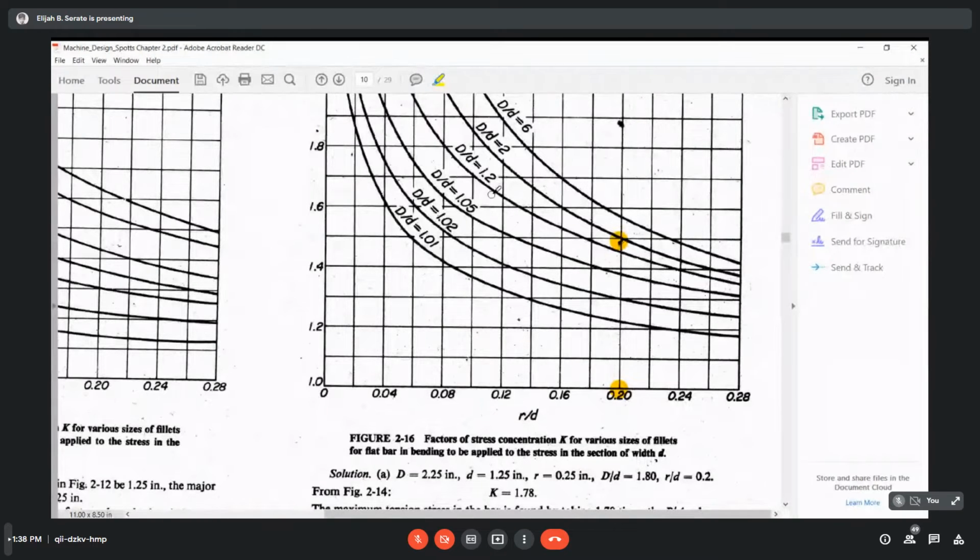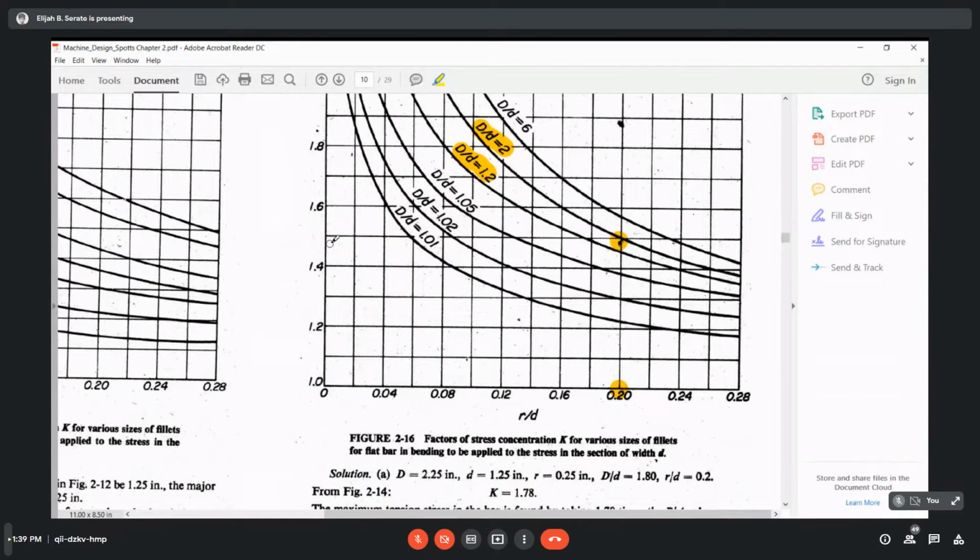Remember the plot of the curve is between D over d of 1.2 to D over d of 2. Can you see that? 1.8 is between this. So it is somewhere here.